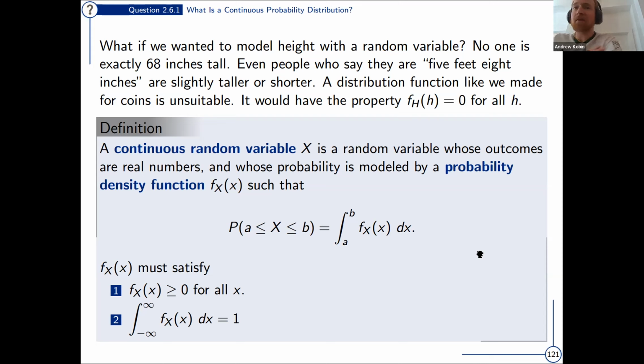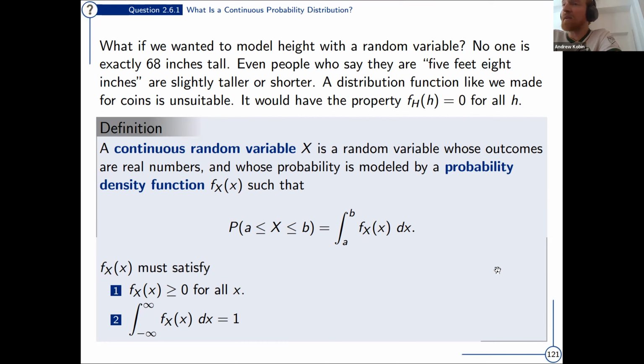So instead, we're going to use something called a continuous random variable. We'll denote these by capital X rather than capital S or capital T on the previous slide. So capital X, a continuous random variable, is a random variable. So it's some abstract counter that's keeping track of outcomes of a process or an action taking place. The outcomes here are real numbers. And the probability of such a variable is modeled by a continuous probability density function.